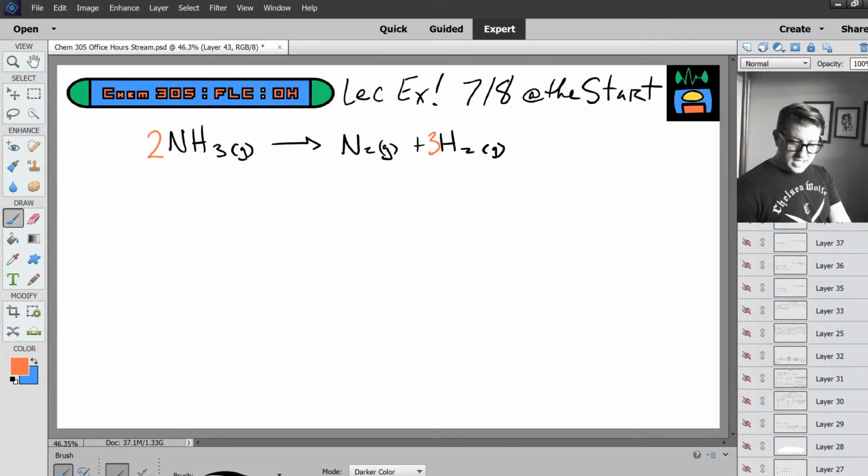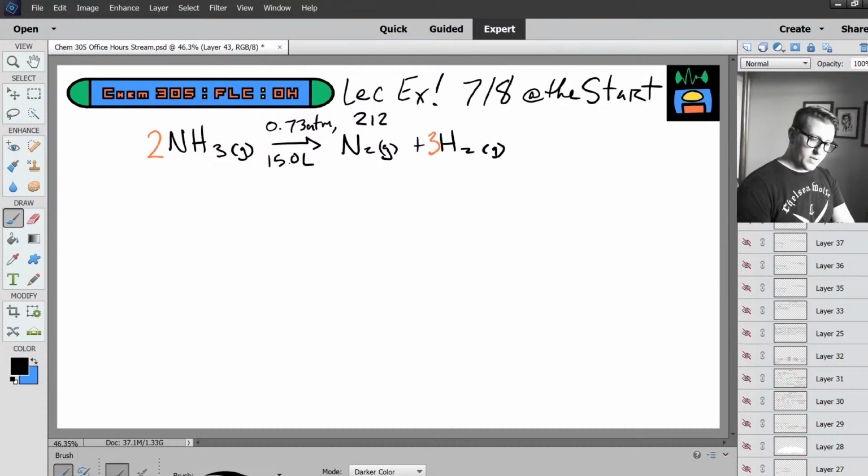We're told that this decomposition happens under 0.73 atmospheres of pressure in a 15-liter metal cylinder at 212 degrees Celsius. And we know that when we're doing gas stuff, we should immediately convert that to Kelvin.